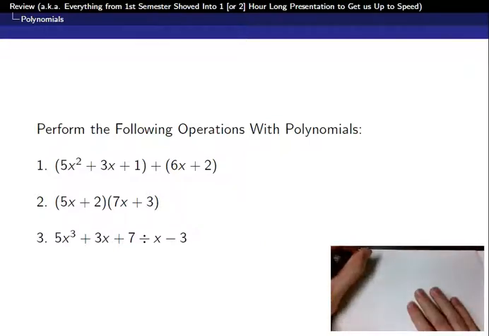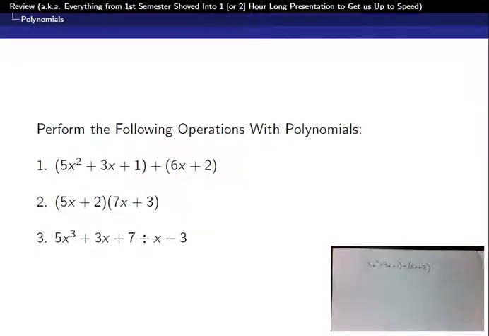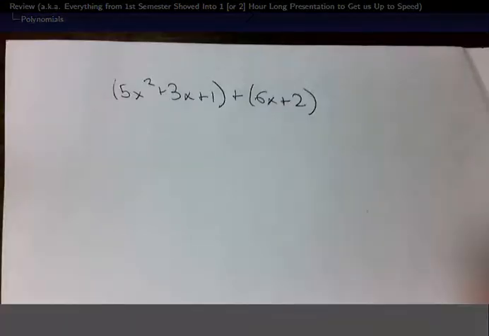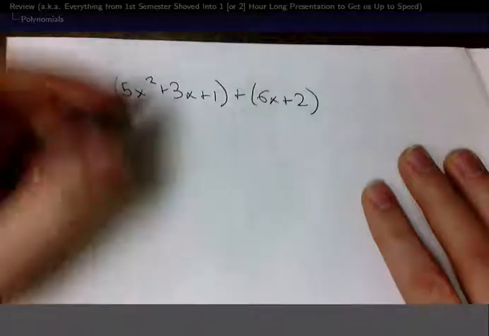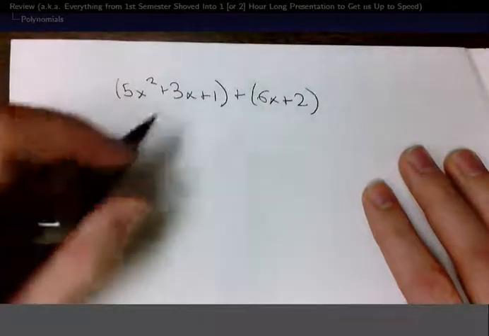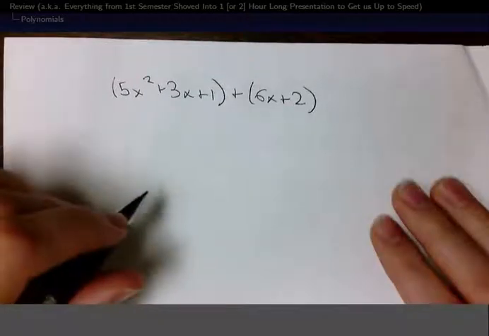So if we have polynomials 5x squared plus 3x plus 1 plus 6x plus 2, and we want to add these two polynomials here. So to add two polynomials, you're just going to add or subtract like terms.